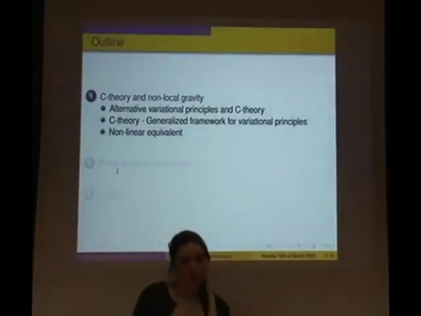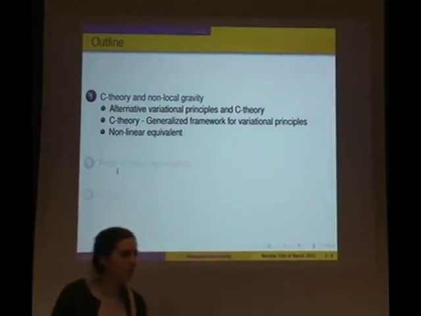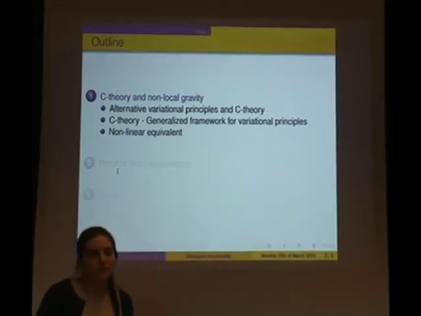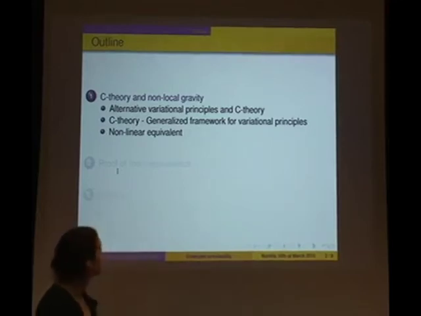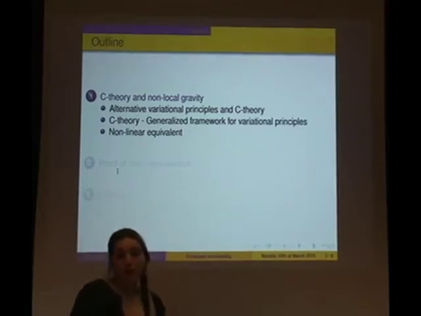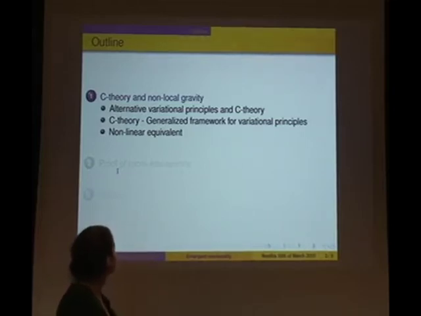Okay, so it's really nice to be straight after Miguel, because now he's introduced these general types of scalar tensor theories to you. And I'm going to talk about one particular type which has an interesting structure. It's a very constrained type of scalar tensor theory, which is called C theory.